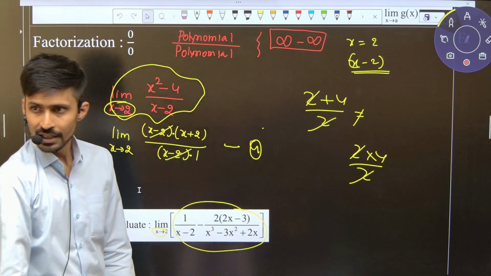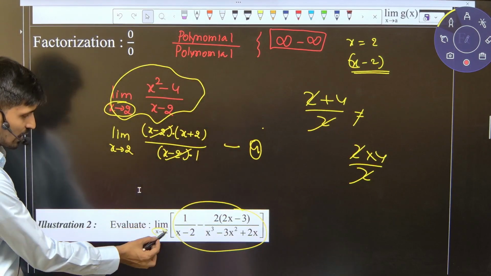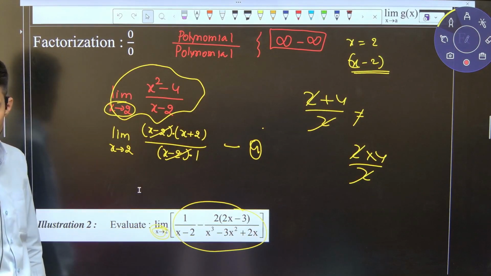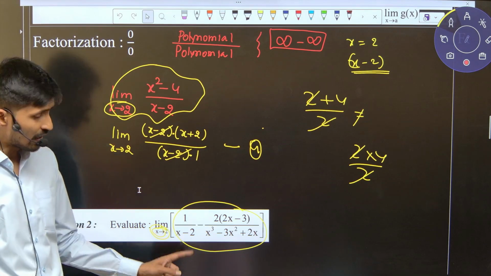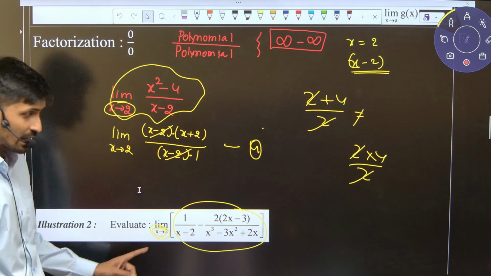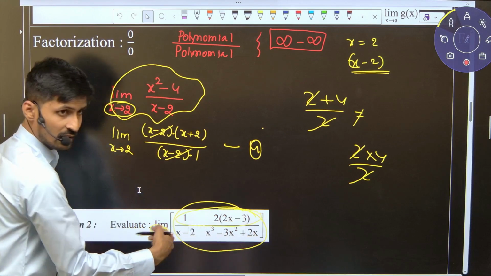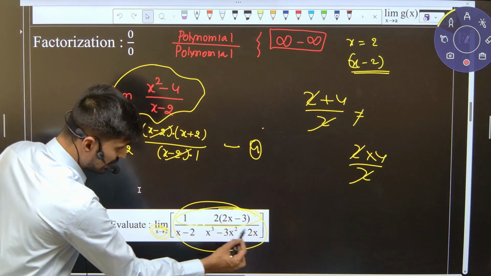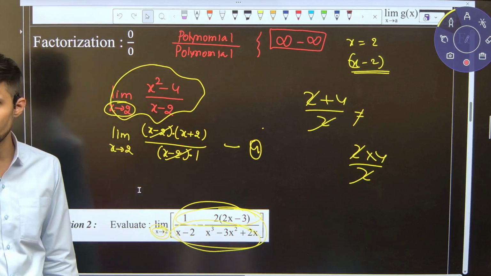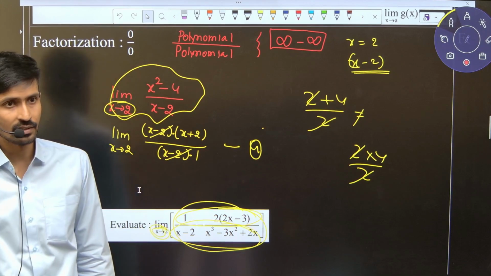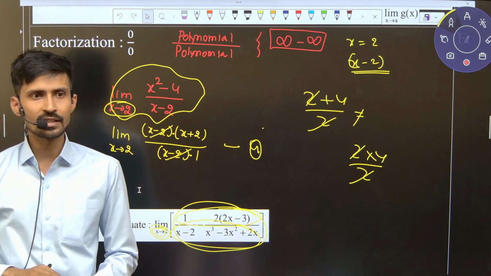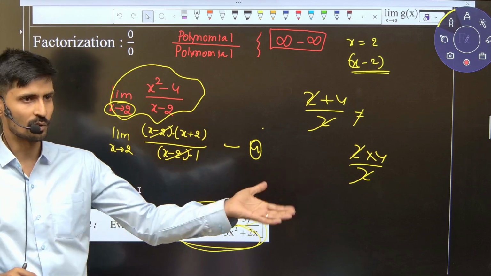It means if I want to cancel x minus 2 here, x tends to 2 is there, so of course x minus 2 will get cancelled. So if I want to cancel x minus 2, then x minus 2 should be in product in the numerator, and x minus 2 should be in product in the denominator, then only it will get cancelled. So this is also one understanding in this. Now based on these two understandings, we will start thinking how to solve the question.